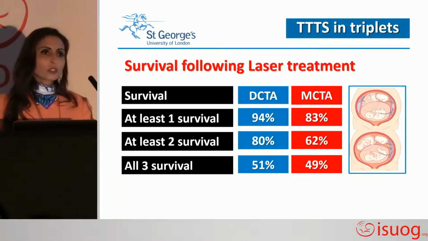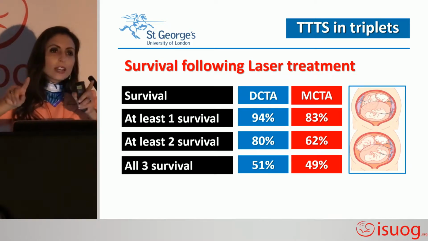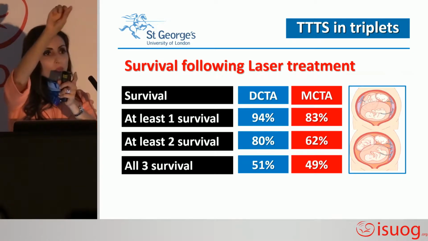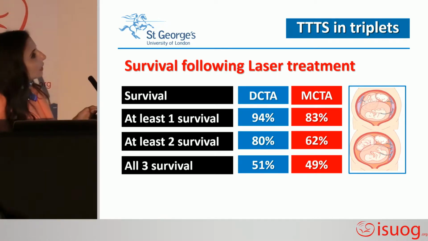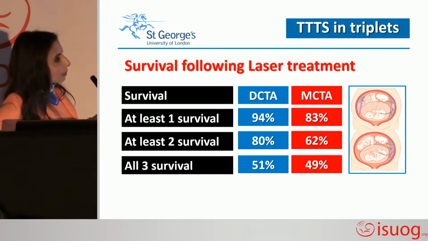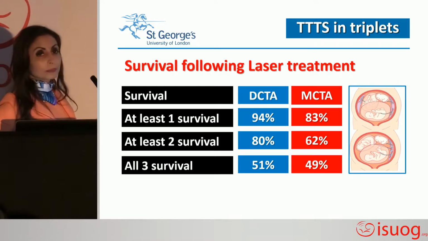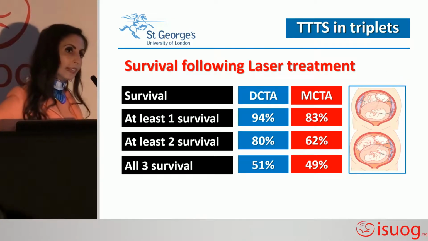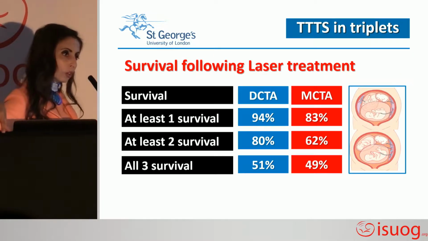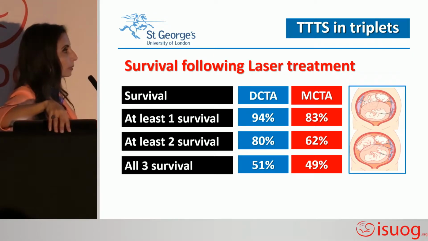It's difficult. It's almost like you have to do a Mercedes sign at the end to be able to coagulate the anastomosis between the 3 babies. Therefore, the survival in monochorionic triamniotic tends to be lower than in dichorionic triamniotic. So with TTTS treated by laser in triplets, the survival is worse if you have monochorionic compared to dichorionic triplets.